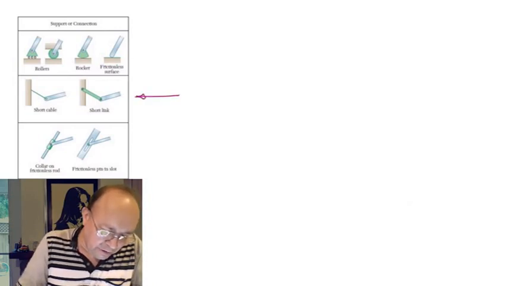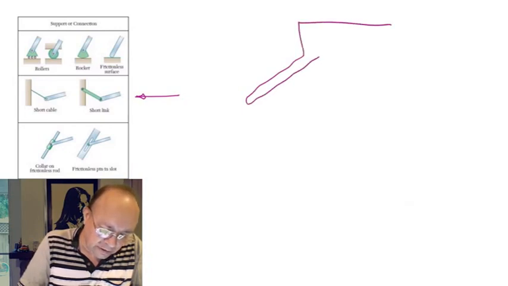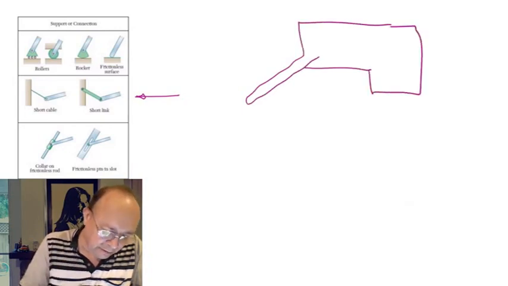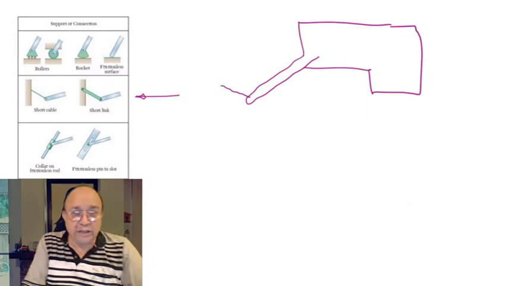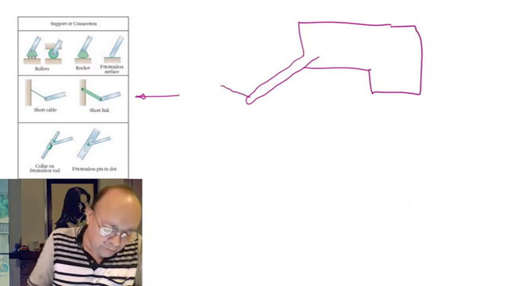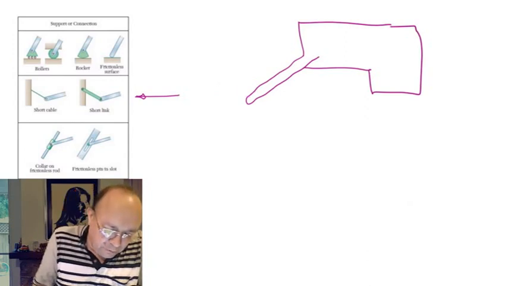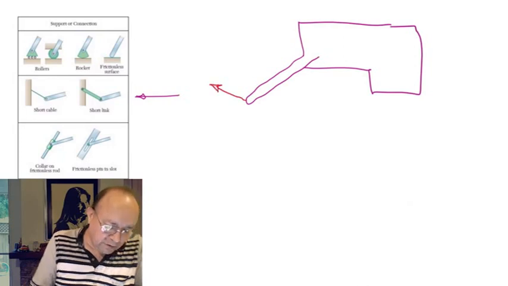So let's talk about this kind of support. In this kind of support, the one on the left is a short cable. Let's say this is part of a bigger element, and you have a short cable here. This cable is only able to produce tension. So you are going to replace this cable by a force in the direction of the cable.